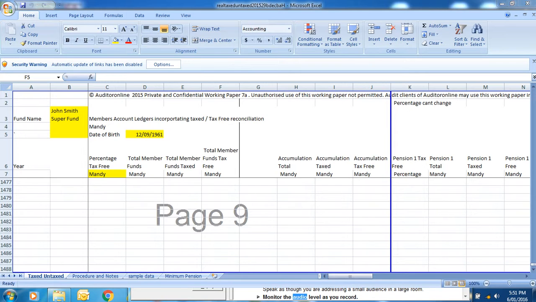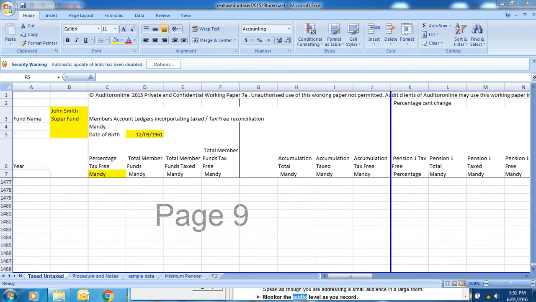Taxed or tax-free? What about earnings during the accumulation phase? Taxed or tax-free? What about proceeds from the small business sale rolled into a super fund? Taxed or tax-free?